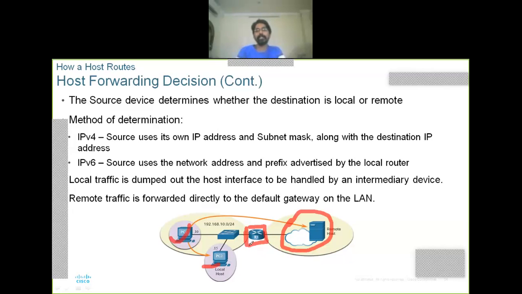Keep in mind that the default gateway is your router. In your home, you have your Wi-Fi router, right? Your data is transferred to the outside network with the help of the router only. If you switch off your router, can you transmit your data? You cannot, because the router is your default gateway. Keep in mind.